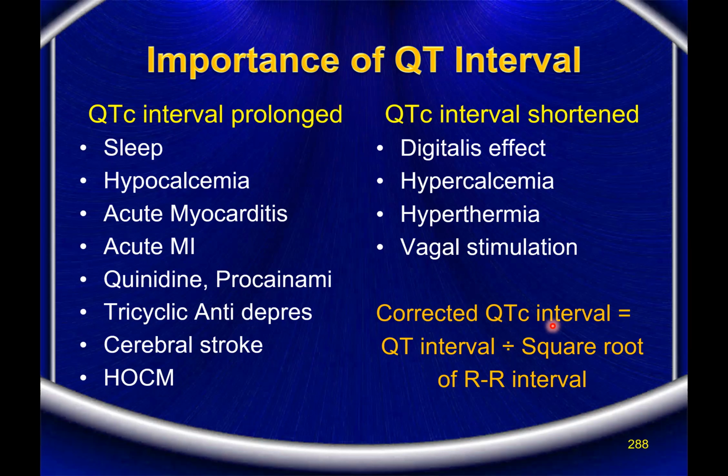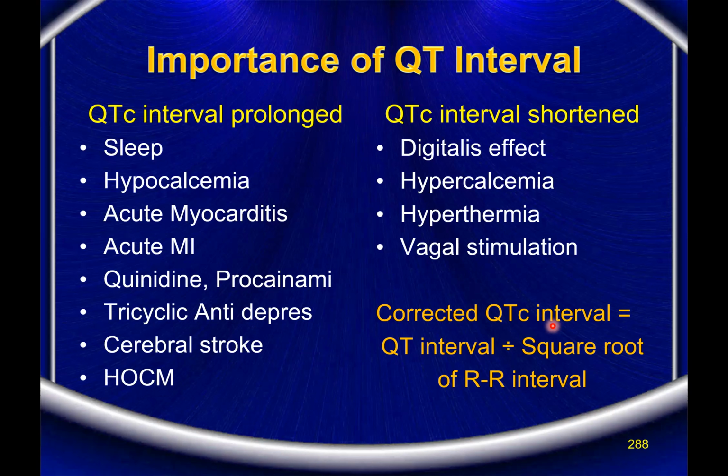RR interval is 0.9. Square root of 0.9, you get some number. So QT interval divided by that number will be the corrected QT interval. So you can work out like that. Or there is Medcalc. If you tell the heart rate and tell the QT interval, it will give you the corrected QT interval.